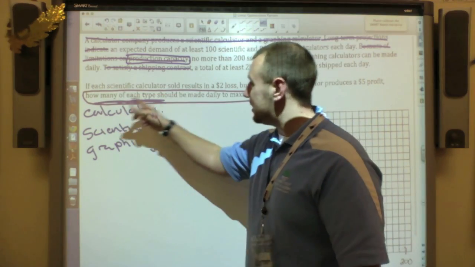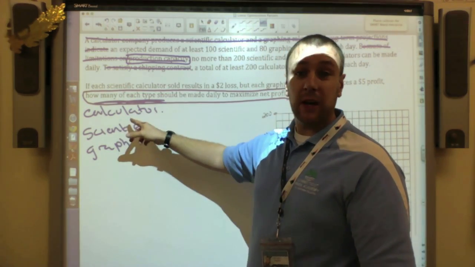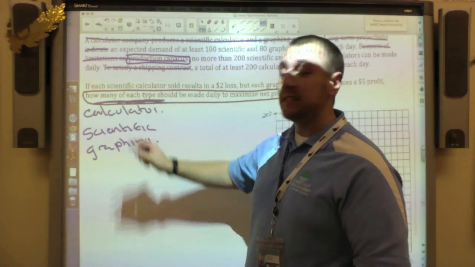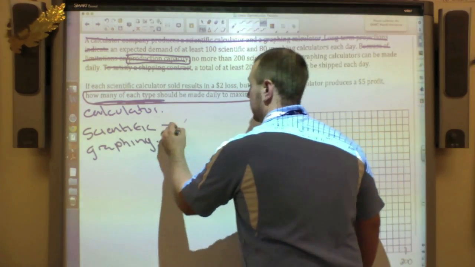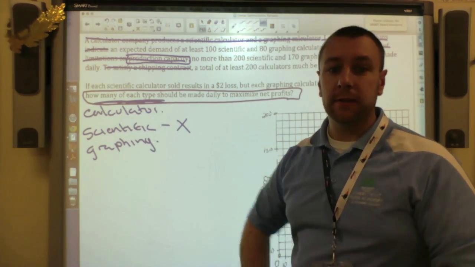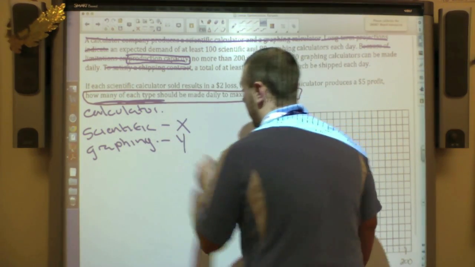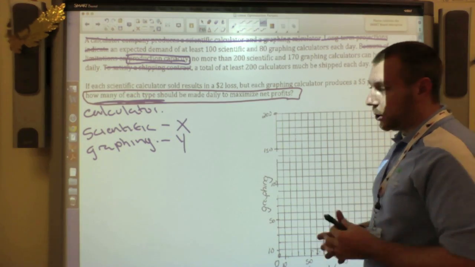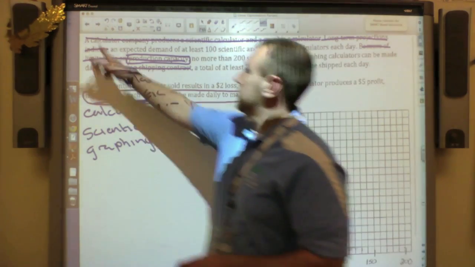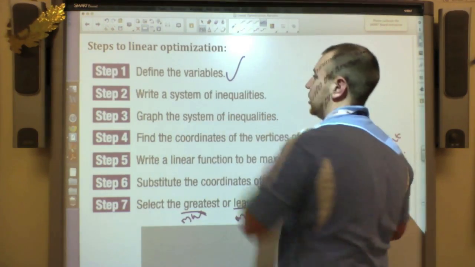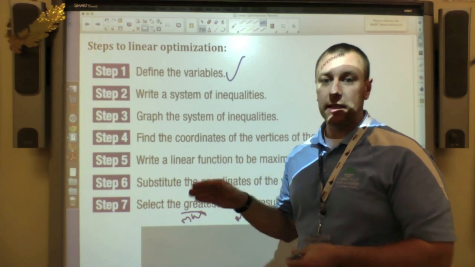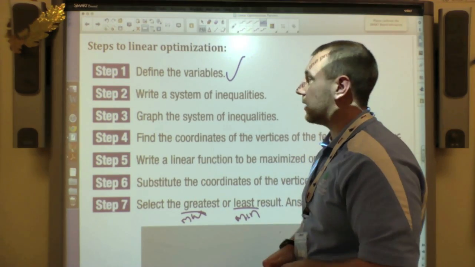How many of each type? We're talking about calculators. There's two types. Scientific, I'm going to call that X. Graphing, I'm going to call that Y. Boom, done. So, check. I defined it. X is scientific, Y is graphing.